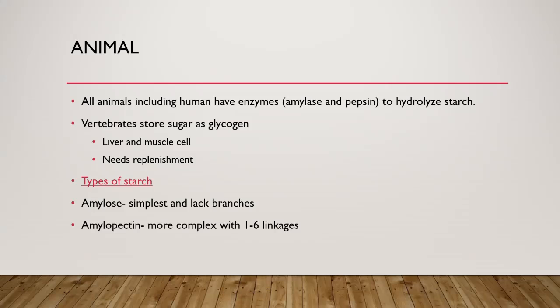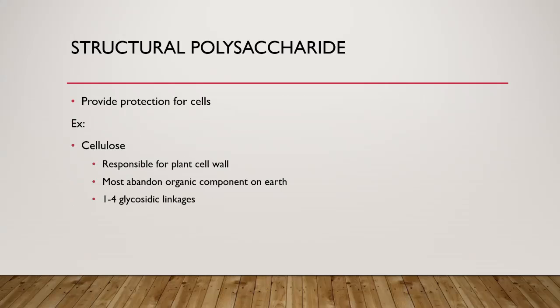Types of starch. Amylose is the simplest and it lacks branches. Amylopectin is more complex with more branches and has 1 to 6 linkages at its branch points. Structural polysaccharides basically involve a polymer that provides support or protection for cells. An example of these polysaccharides would be cellulose.